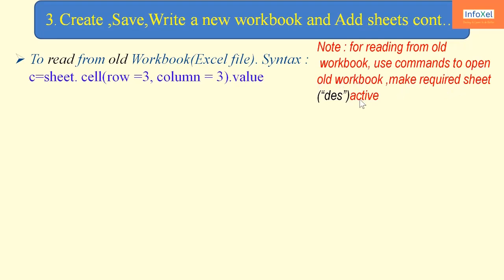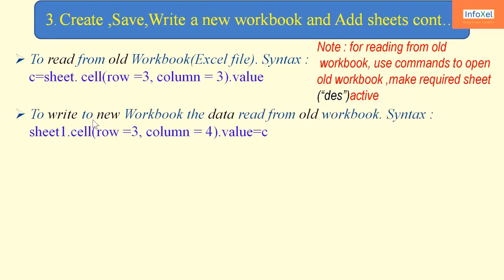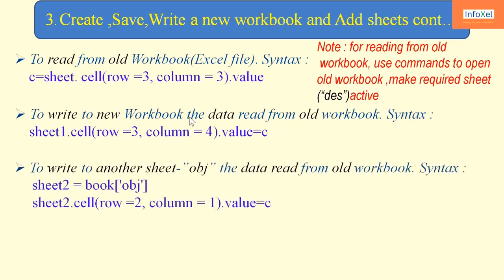Make the required sheet active, so the required sheet is DES here. To write to the new workbook the data read from the old workbook, this is the syntax. The value of the C variable is written to the new workbook.